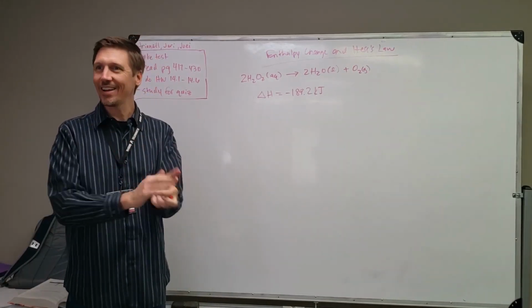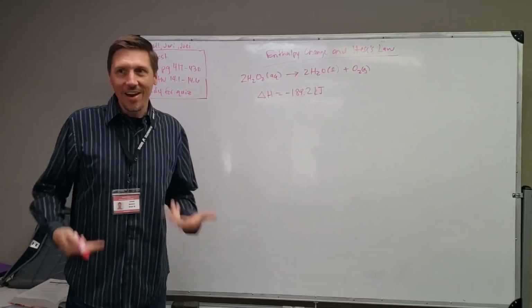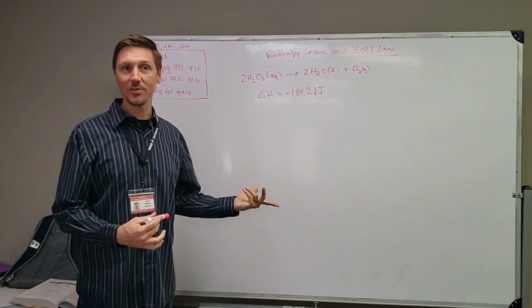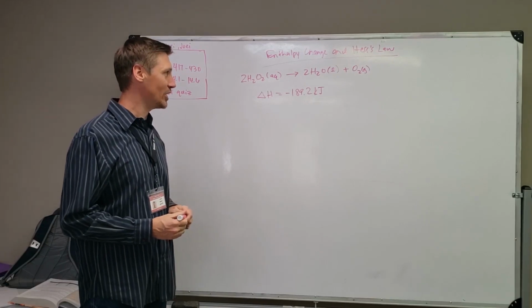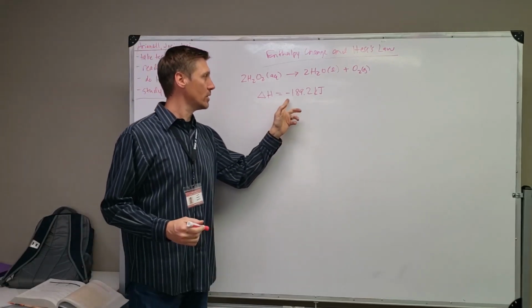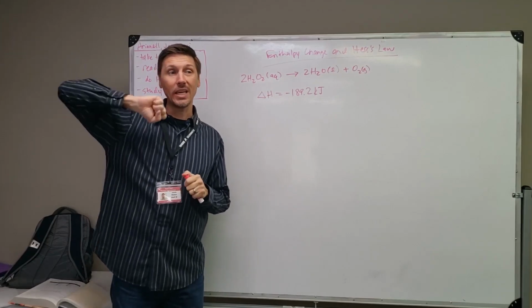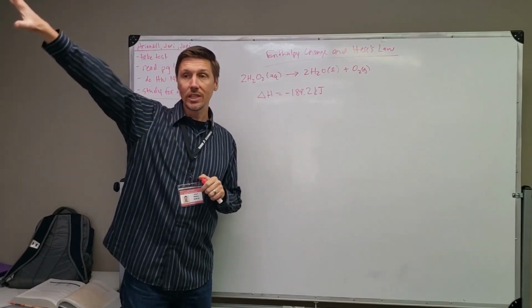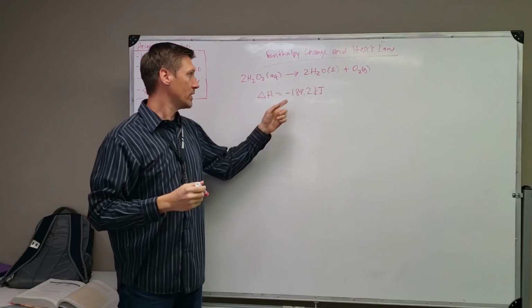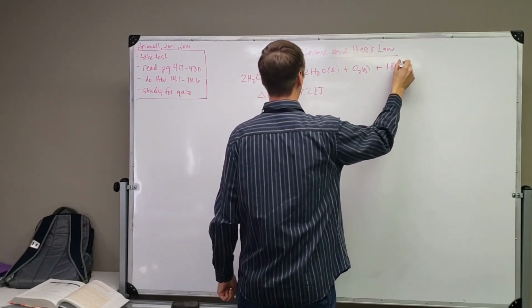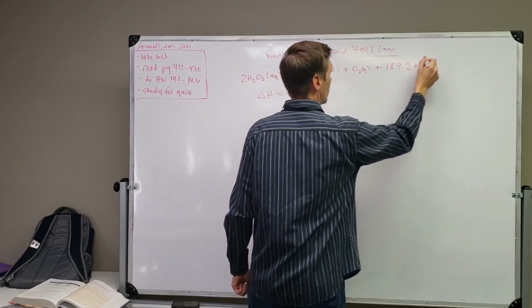Woo! I know, every chapter you say, please bring stoichiometry back into this, right? Well, we get to with change in H. If it's a negative sign, it's exothermic, so it's releasing this energy, right? And so if it's exothermic, we're going to add this energy into the product side of the equation. Okay?